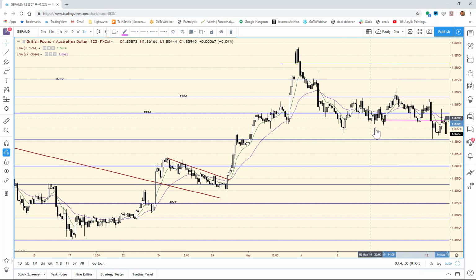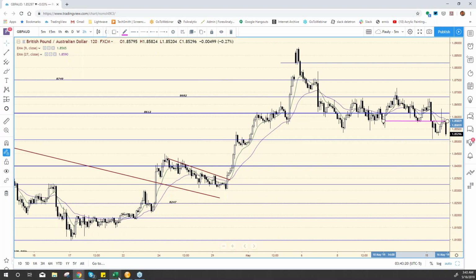It'll be 86.13 if we get a bounce. Well, for right now, let's do a little bit of a bounce. It's going to be 85.80 on a very short-term basis.